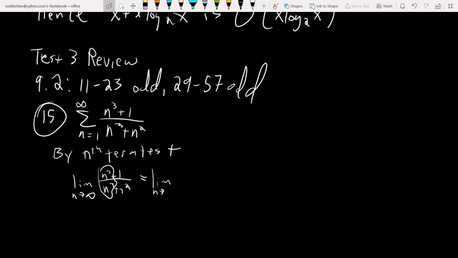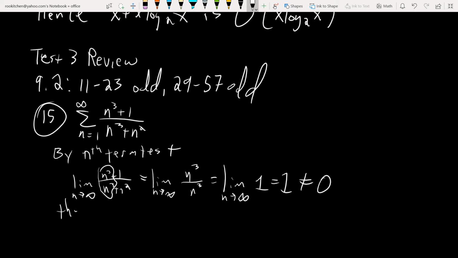You can do that when you have polynomials in the numerator and denominator both going to infinity. n cubed over n cubed is just 1, so we have the limit as n goes to infinity of 1, which is equal to 1, which is not 0. Our nth term test said that if the limit of the terms of the series is not equal to 0, then the series diverges. So thus, the series diverges.